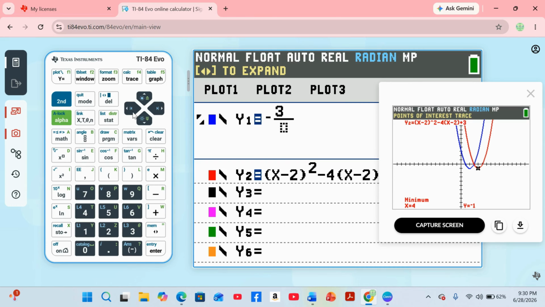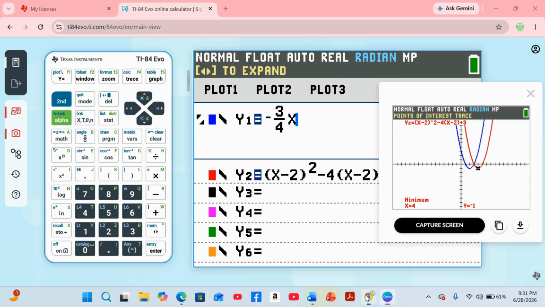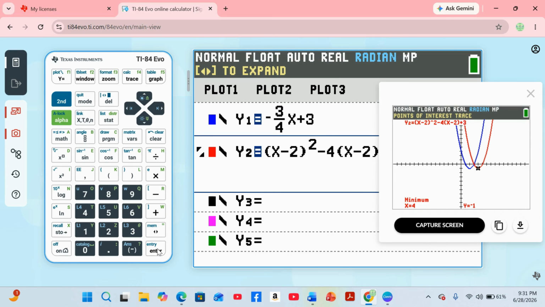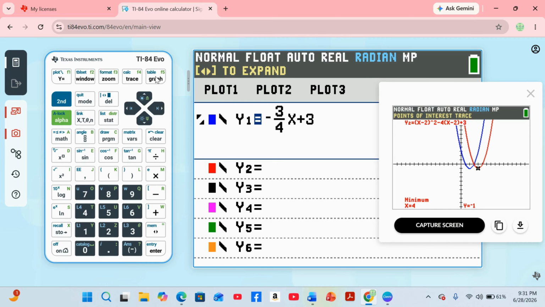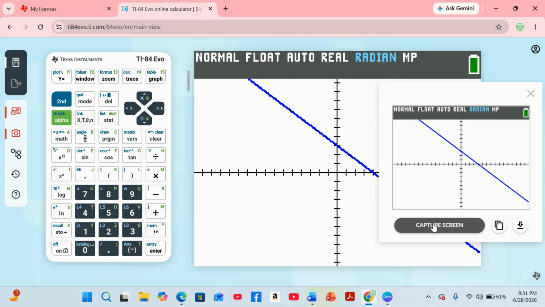So 3/4 x. What was it? Negative 3/4 x plus 3. Okay. So let's graph this. Copy.